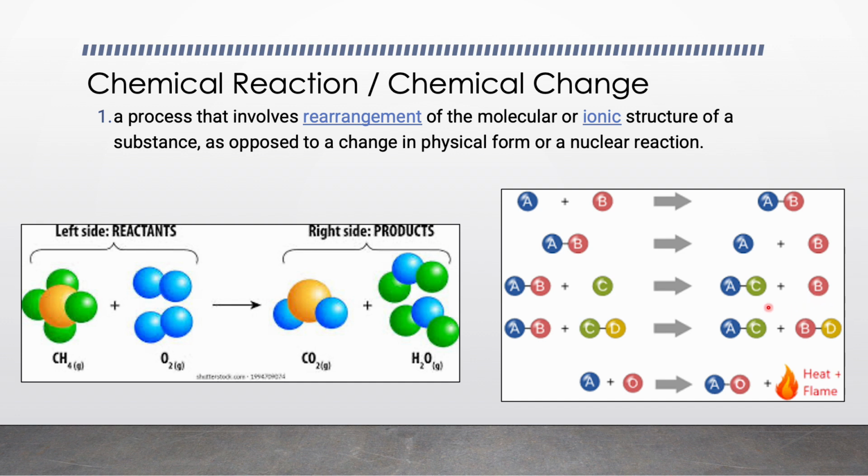And so this is the rearrangement that can occur. You need to know a chemical change has taken place. There's a rearrangement in the molecular or ionic structures. What you start with are known as reactants, and what you end with are the products.